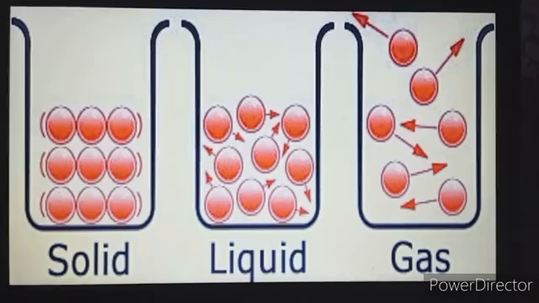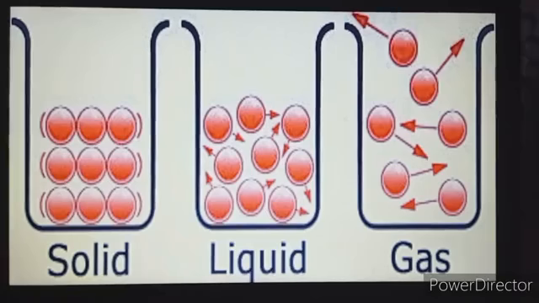The intermolecular space in liquids, as you can see here, is not very large. So, the molecules can be pushed closer only to a limited extent. And this is the reason the liquid can be compressed, but only to a small extent.